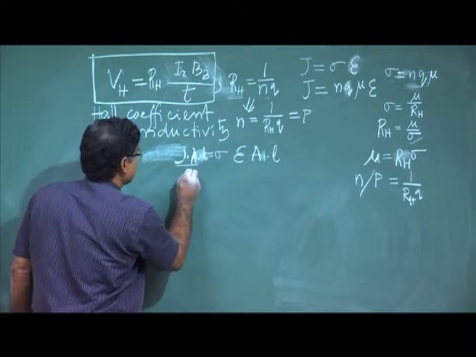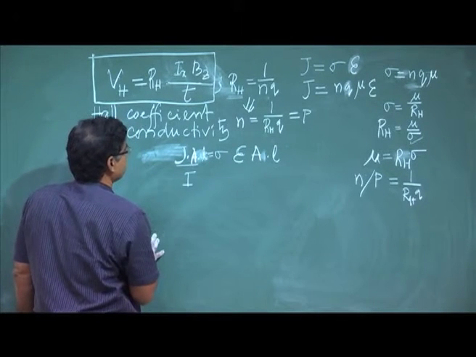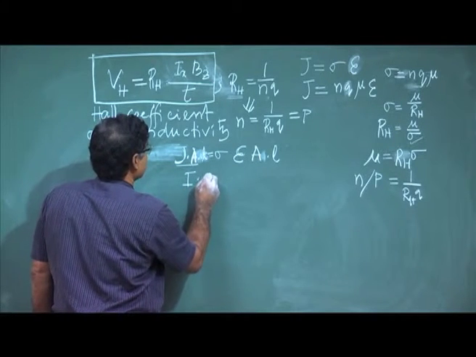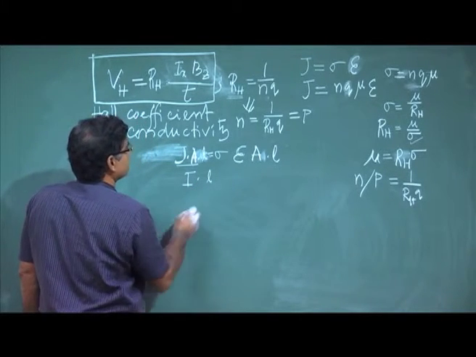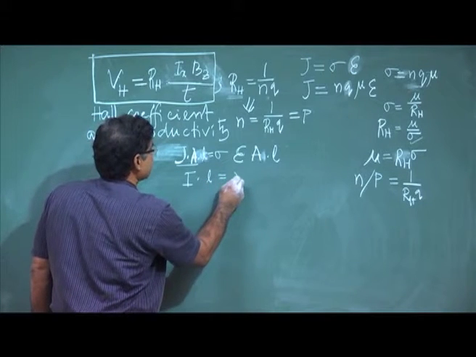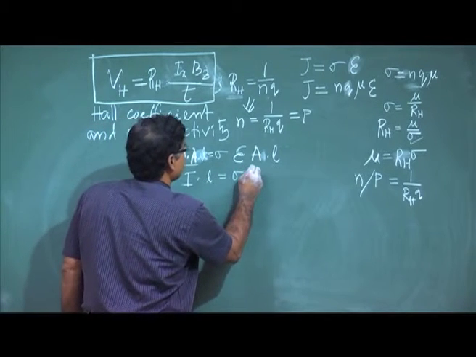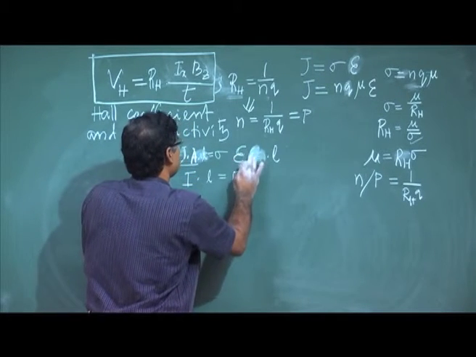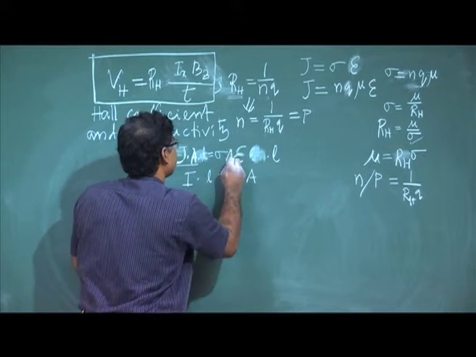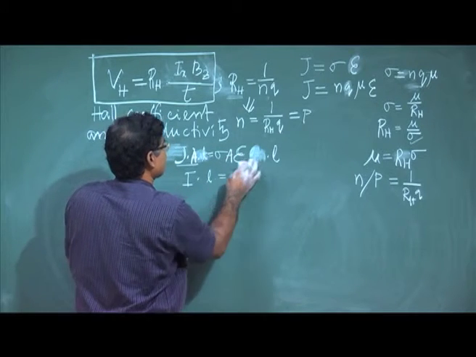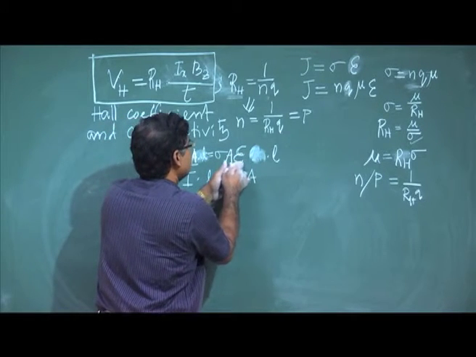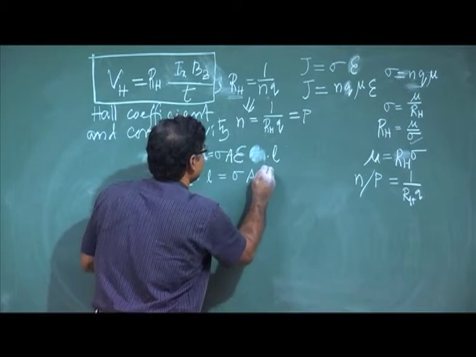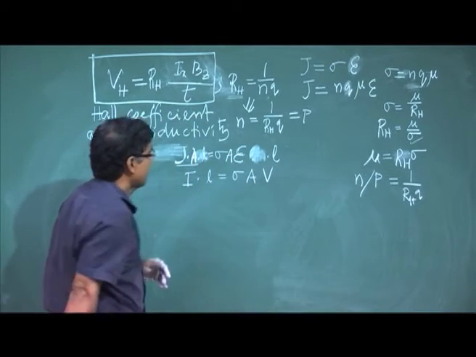So I can write I into L equal to sigma A, put A here, and this is E L, electric field into this length, that will give me voltage V.